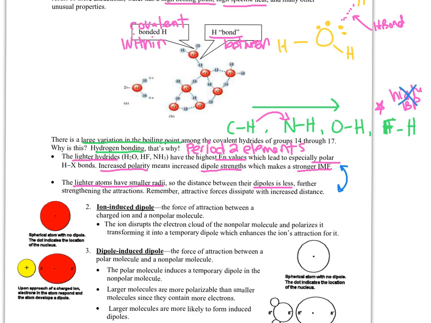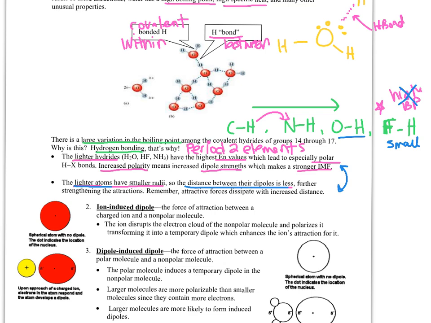Really, F to H does not have the highest boiling point. O to H does. That's because this one's so small. The lighter atoms, so the smaller the atom or the radiuses are, there's a smaller distance between the dipoles, right?